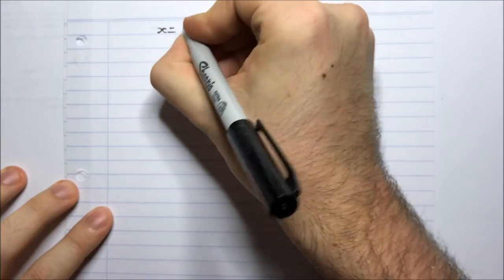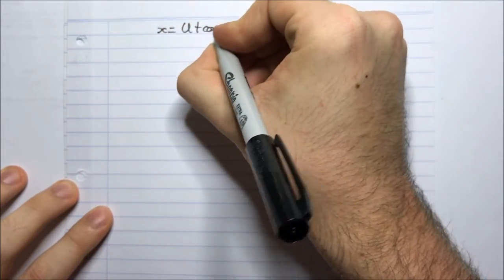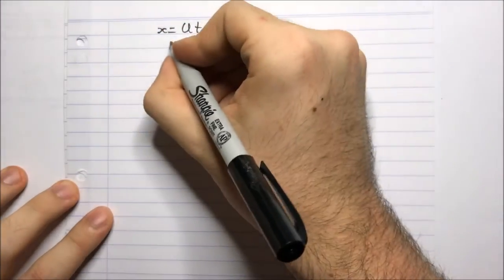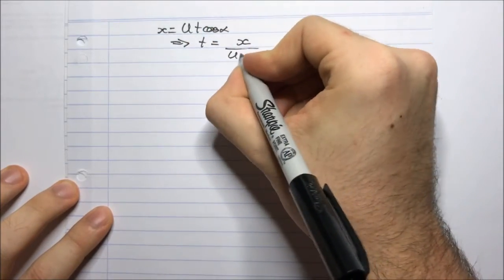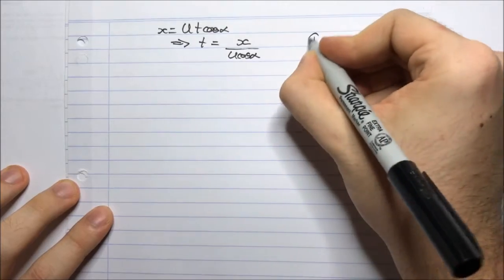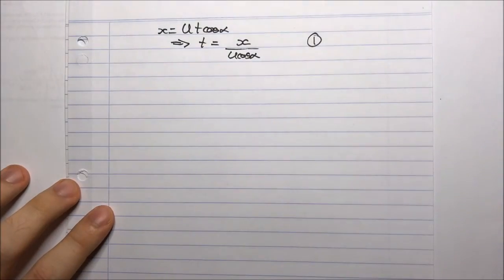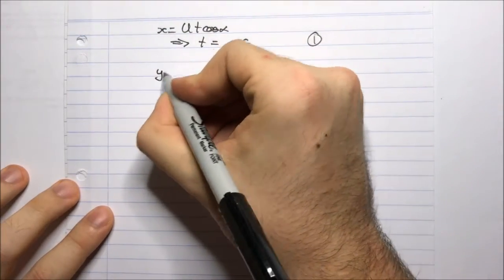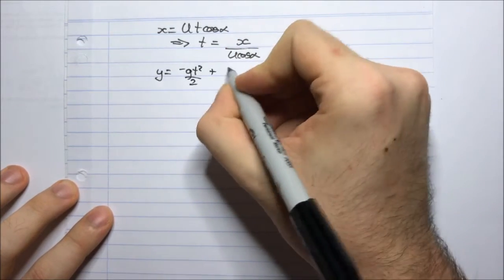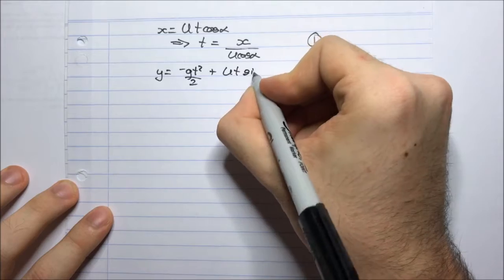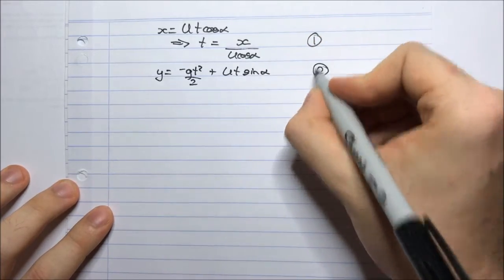So I'm going to use what I've just derived. X is equal to ut cos alpha. Now I'm going to rewrite this and write it as t equal to x on u cos alpha. And I'm going to call this equation 1. And what else had I worked out? I'd worked out that y equals negative gt squared on 2 plus ut sine alpha. And I'm going to call this equation 2.